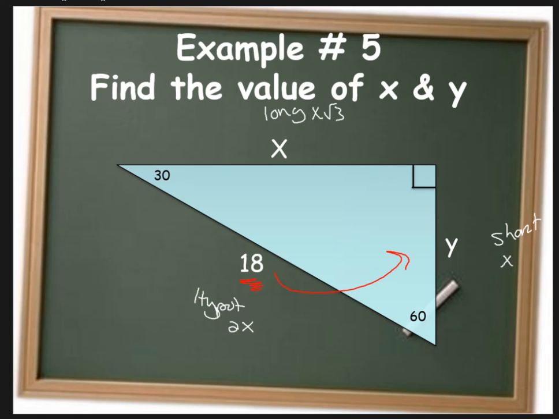If we multiply by 2 to go this way, to go backwards, we do the opposite, which is to divide by 2. So we'll do 18 divided by 2, we get y is 9. Then, from here to there, you multiply by root 3. So this is 9 root 3.